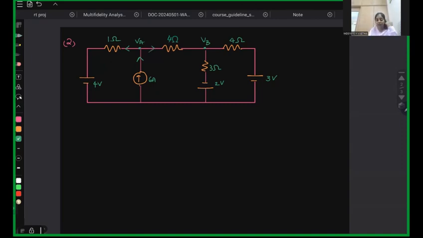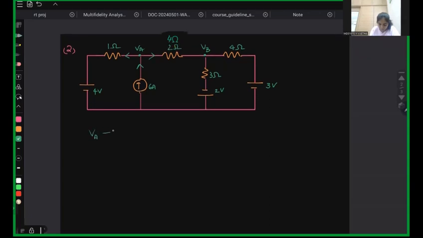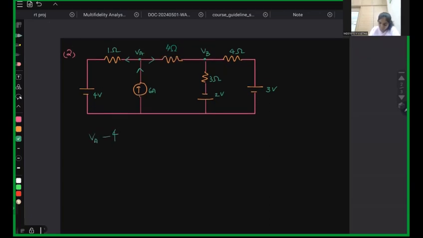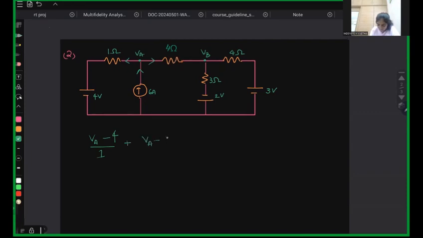Let us first analyze the first node using KCL. What we'll be getting is VA minus 4 by 1 plus VA minus VB by 4.